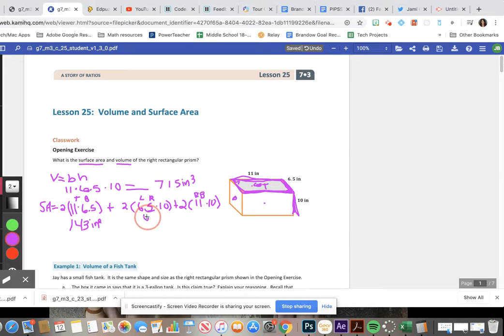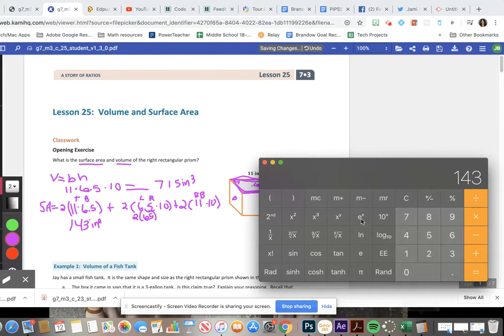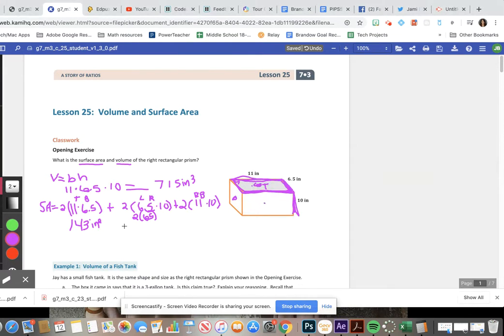So this would be 65 times 2, which should be 130, but let's go ahead and check. 65 times 2, yep, 130. So this is the left and right side added together is 130, plus 11 times 10, which is 110, because again, move the decimal over, just adds a 0, times 2, because the front is 110 and the back is 110, so that's 220.